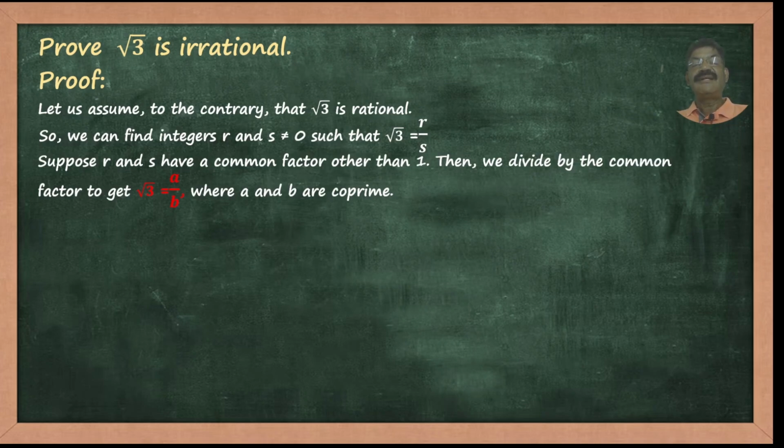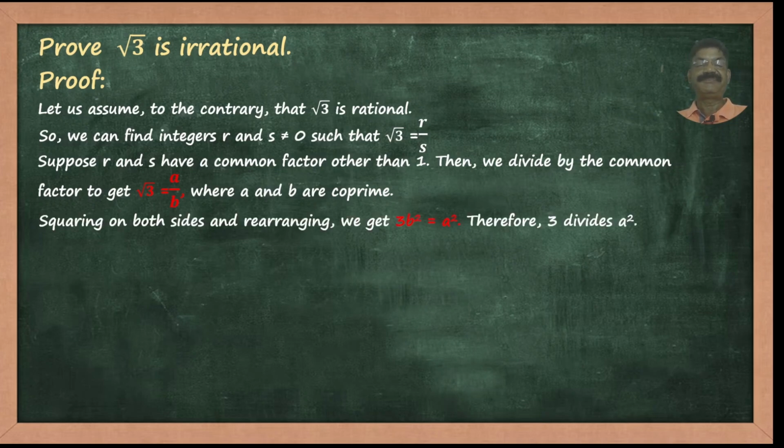In case r and s have a common factor other than 1, we divide by the common factor and reduce it to the form a by b. Therefore, root 3 is equal to a by b, where a and b are co-prime numbers, or a and b have only one as the common divisor.